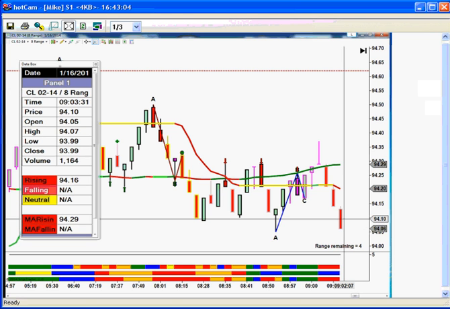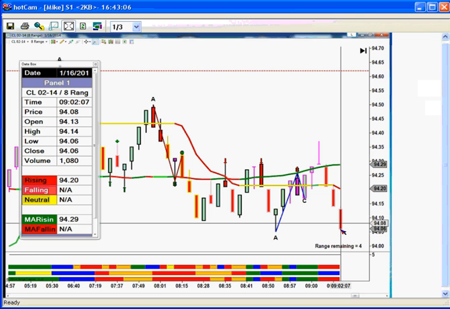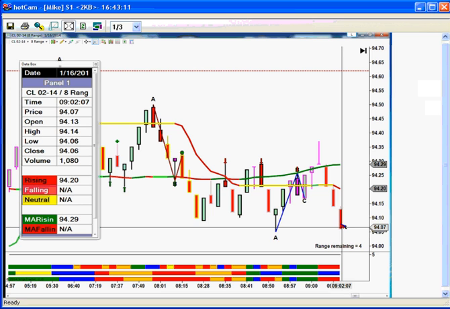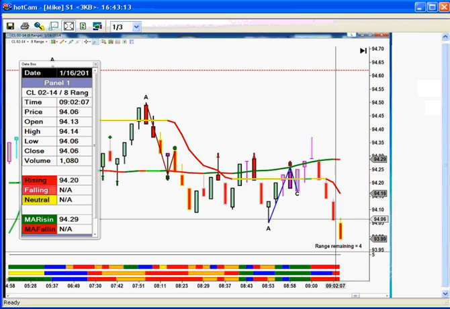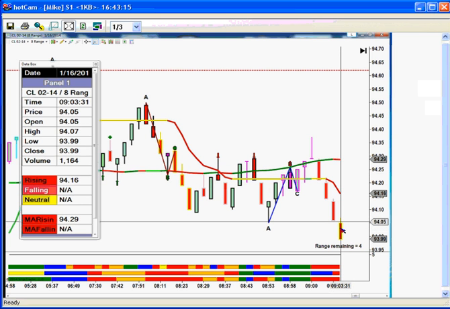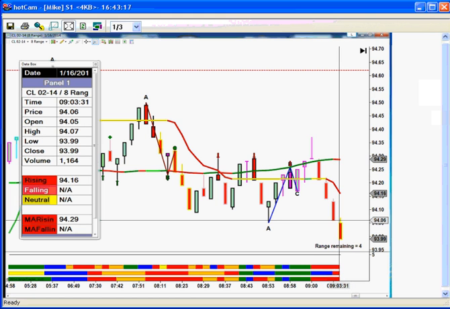Your entry is going to be at the bottom of the bar. As soon as the bar closes, there's your entry right there at 05, one tick below, and you're in the trade.